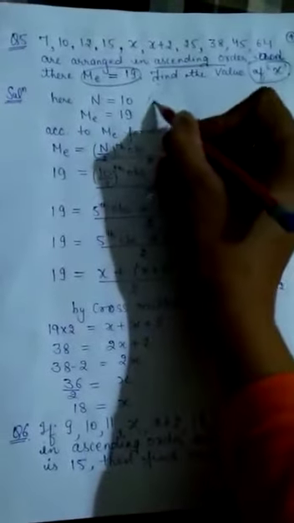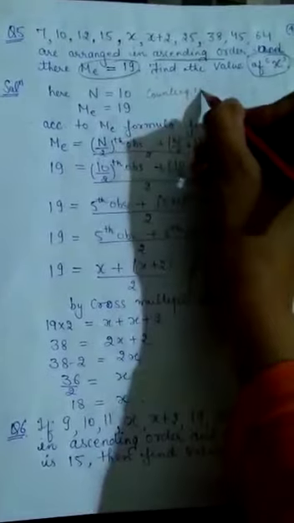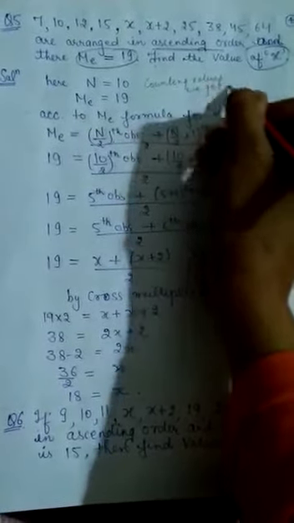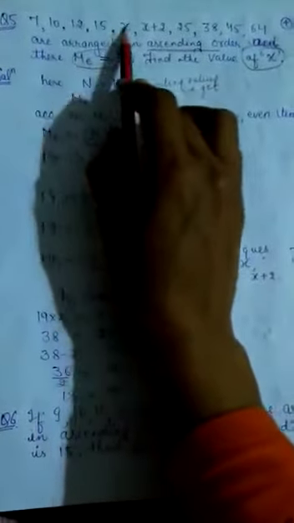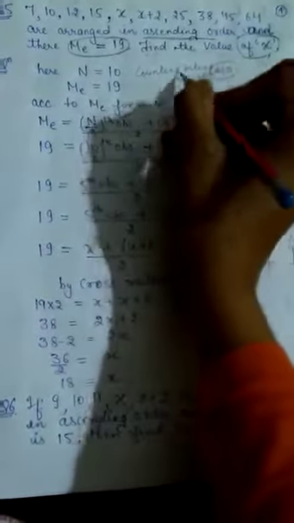So count values. Counting values, we get 1, 2, 3, 4, 5, 6, 7, 8, 9, 10. We get n is equal to 10, already mentioned here.